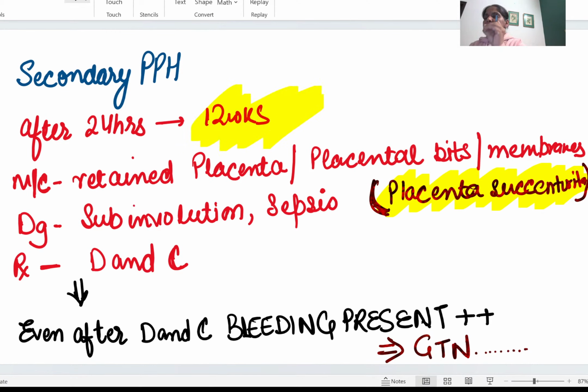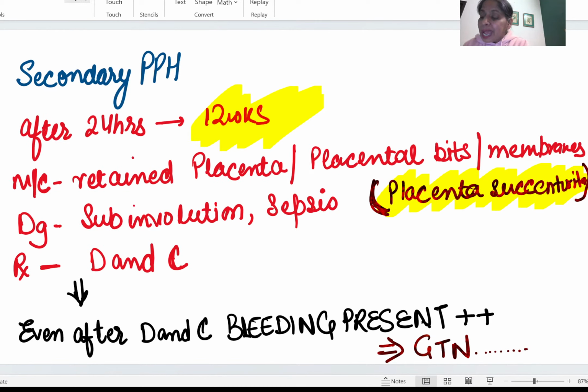It has been seen that a small placental bit can bleed up till 12 weeks postpartum. First it was up till 6 weeks, but now they have extended it to 12 weeks. The most common cause is retained placenta, placental bits or membranes. How are you going to diagnose it?